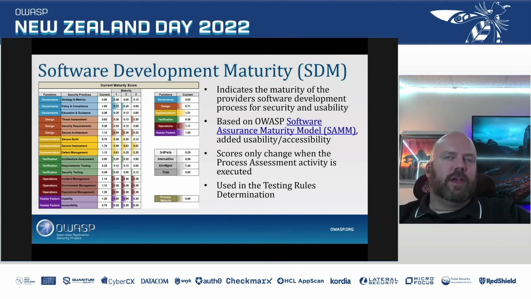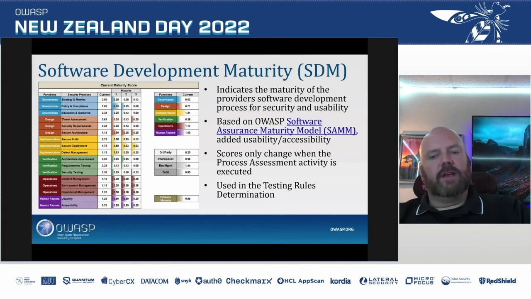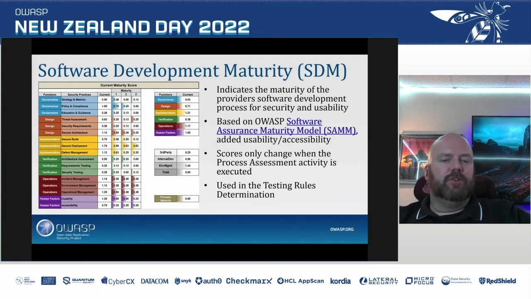We also look at scores based on how well you did at different levels in your process assessment, and how well you did for security and the design of your architecture. Those factor in for what kinds of tests we would run when you make different kinds of changes. It gives you a maturity level related to things like how you manage third parties, how you do internal development, and how you manage your environment.